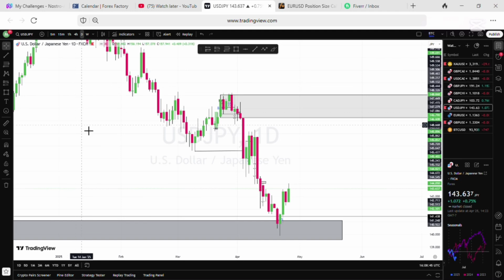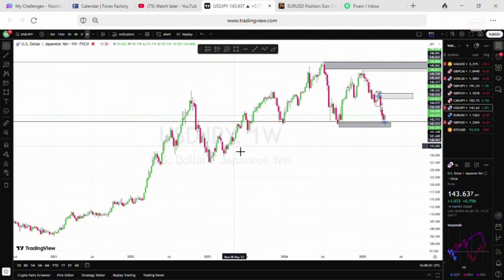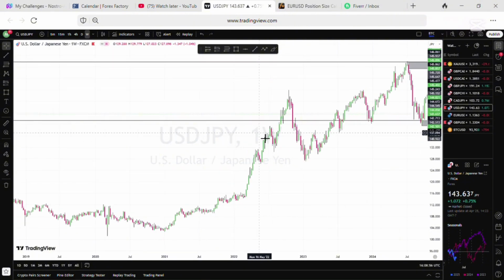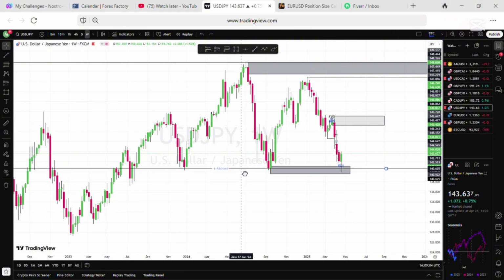This is the USD pair, and on my weekly time frame, as you can see, the market is bullish. And once again, if you notice, this is a demand zone. This zone here, price has tapped on it.